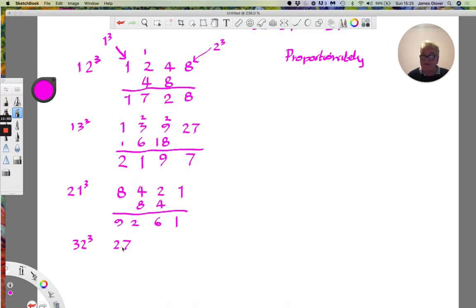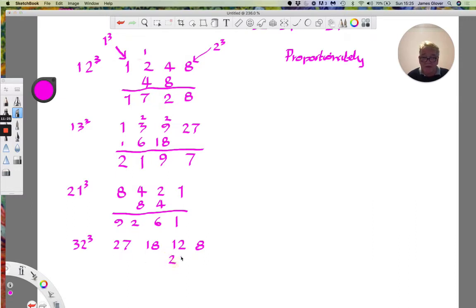So 27 divided by 3 is 9. Multiplied by 2 is 18. Divide by 3 and multiply by 2 gives 6 times 2 is 12. And then 4 times 2 gives 8. Again, you'll see that 8 is the cube of the second digit 2.